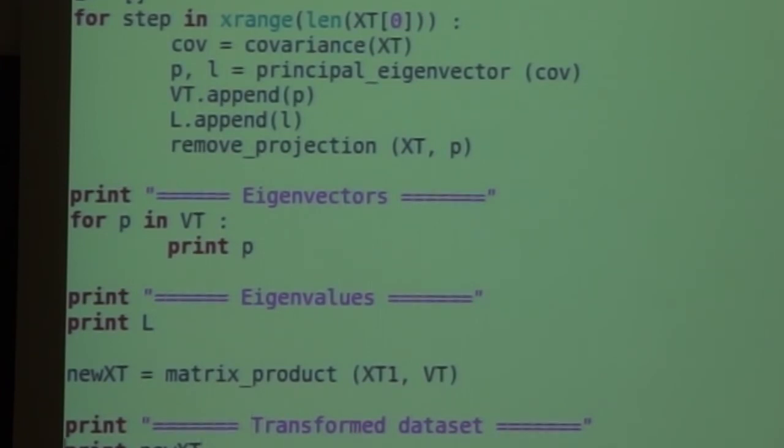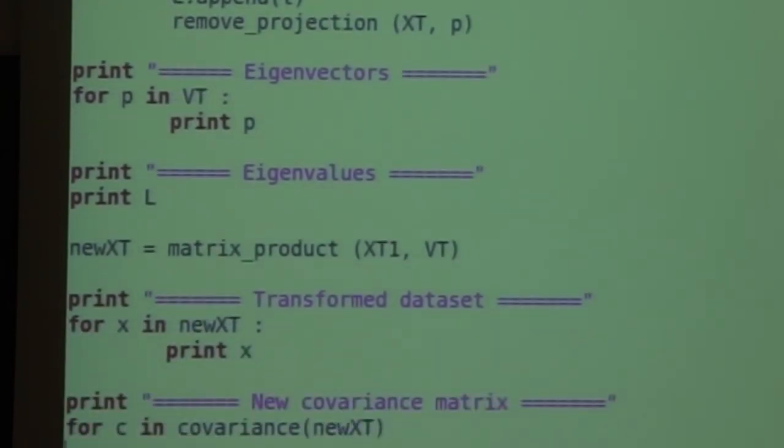Also here, for x in new xt, I print x. Also here, for c in covariance, print c.